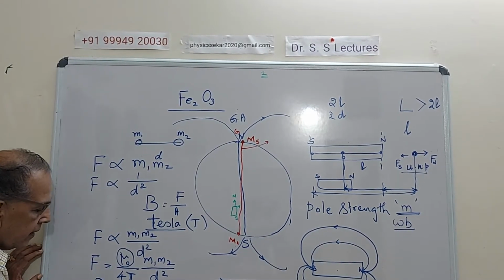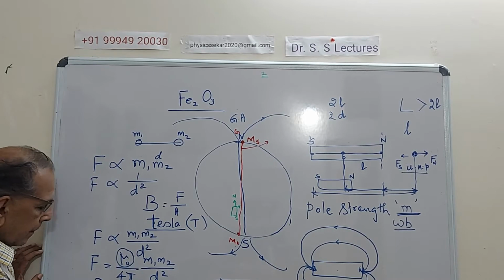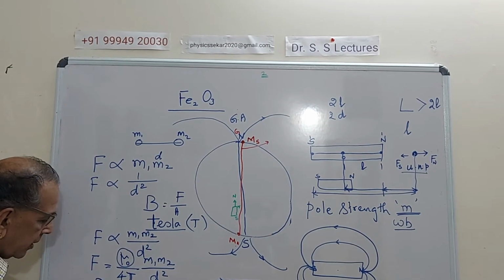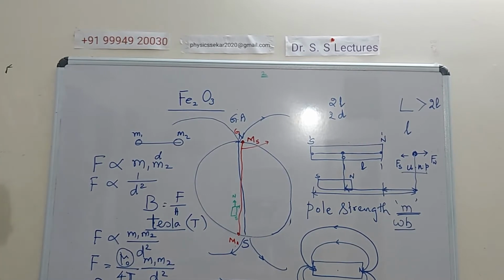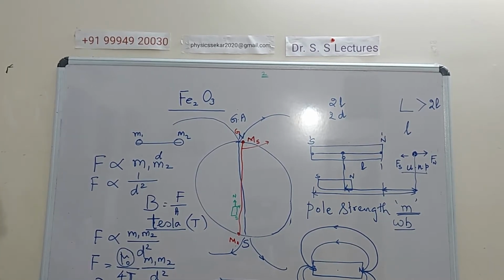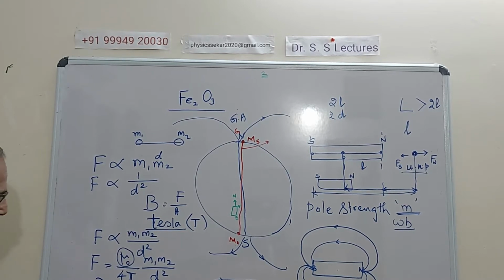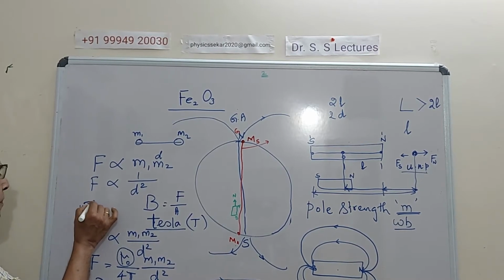The permeability has two components: mu 0 into mu r. This mu 0 is called the absolute permeability, like epsilon 0 in electricity, and mu r is the relative permeability for different media, like epsilon r, the relative permittivity. For air or vacuum, mu 0 has the value 4 pi into 10 power minus 7.